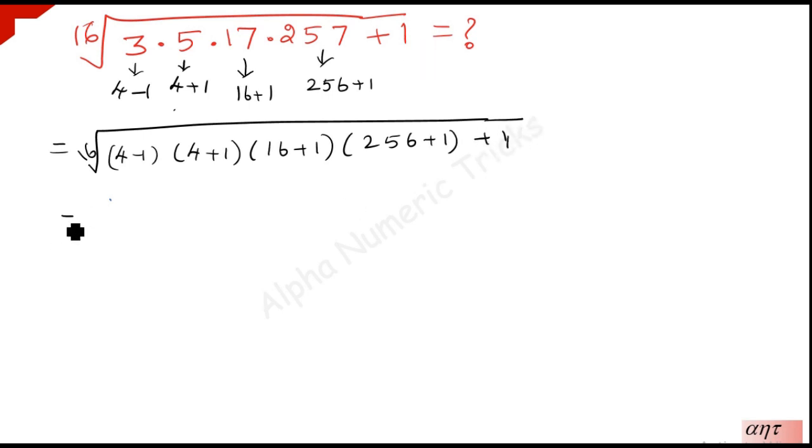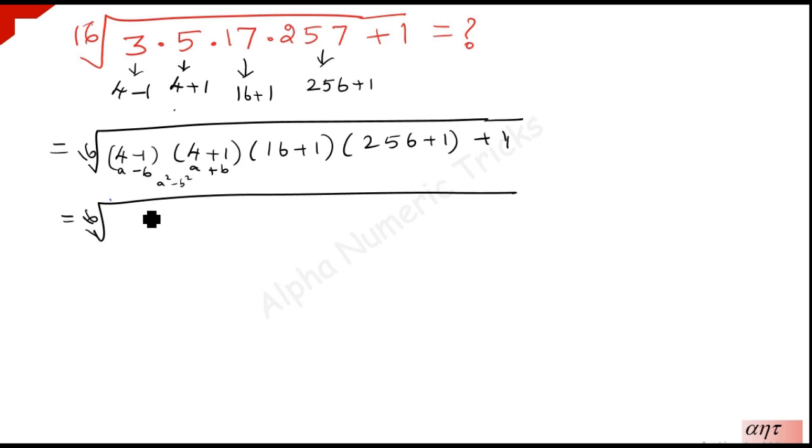Which is equal to the 16th root of, here I will write, if we take this as a and b, this is a minus b, and this is a plus b. So you can write this as a squared minus b squared, isn't it?